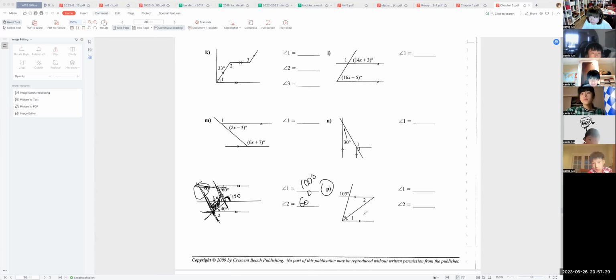Okay, let's take a look at angle 1. Everybody, do you see the small mark here? It means these two are equal to each other. Understand, Andy?